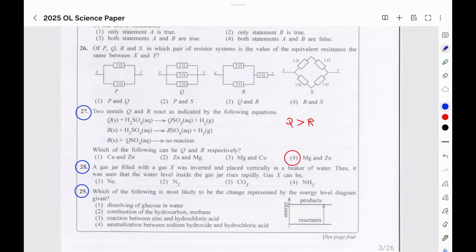Remember students, they have given that a gas jar filled with a gas X was inverted and placed vertically in a beaker of water, right? Then it was seen that the water level inside the gas jar rises rapidly. The gas X can be, right?